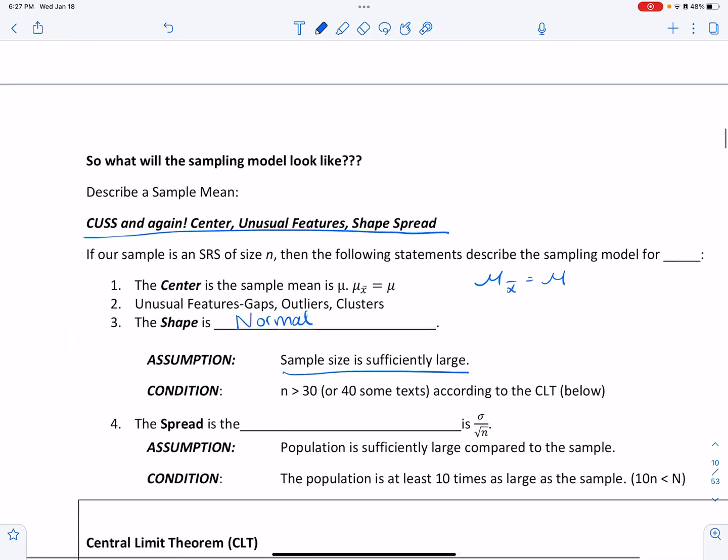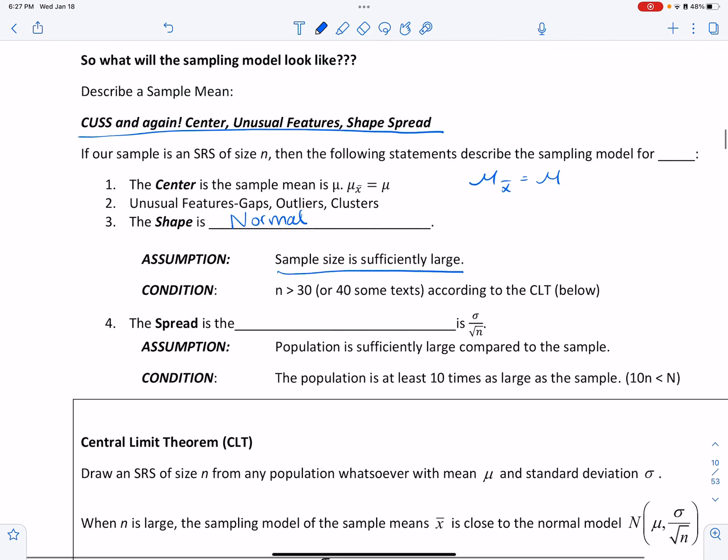I don't have a P and a Q here, so let's go backwards. Remember when we did experiments and observational studies, I made your N be greater than 40. We accept in AP Stat 30 or 40. I like to use 40 when you're doing your experiments and observational studies because you get a little bigger sample and better results.